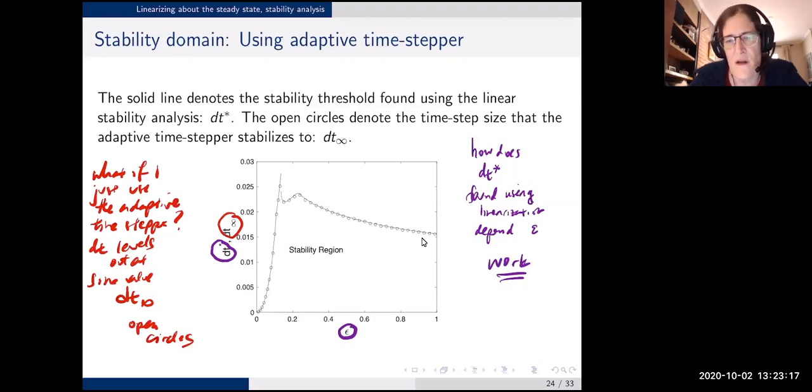That's a lot of work. Or I can just compute a single initial value problem using the adaptive time stepper. And you see that the circles align with the solid line quite well. So this is one of the charms of the adaptive time stepper.